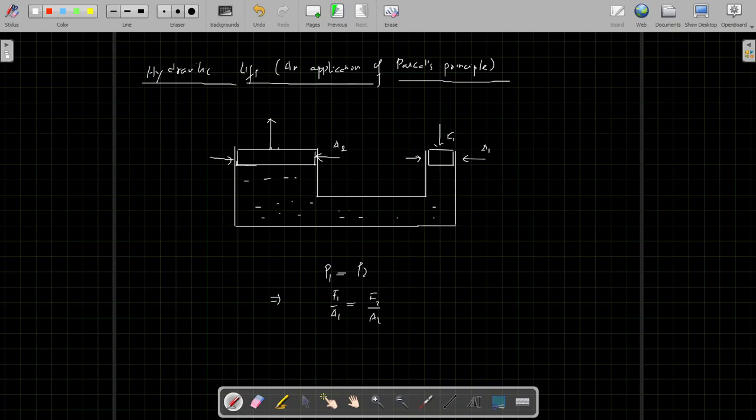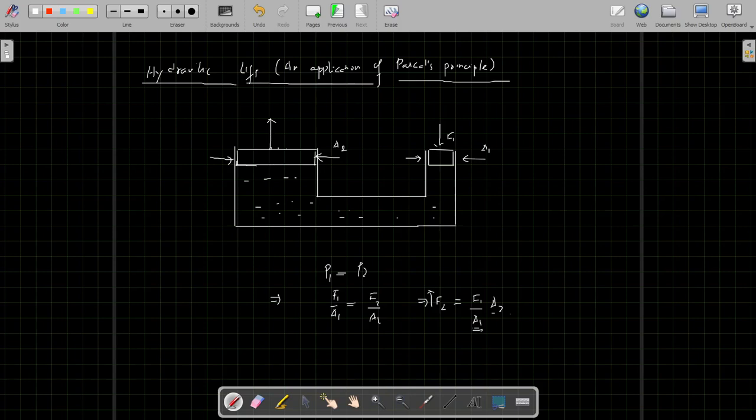So F2 can be written as F1 by A1 into A2. If the cross-sectional area is large on this side and area 1 is small, you are getting a large force.